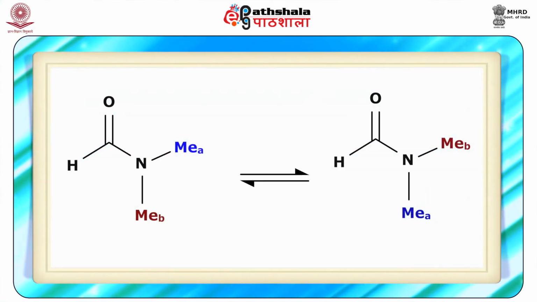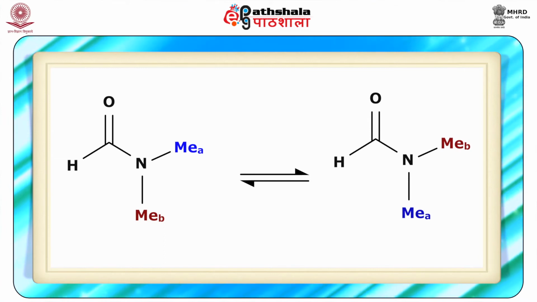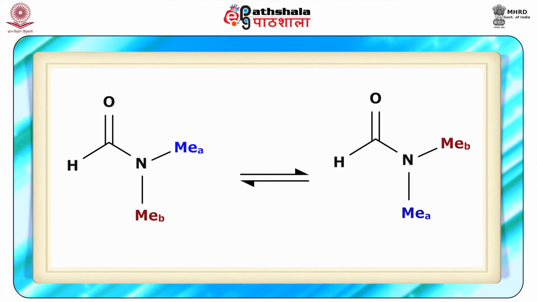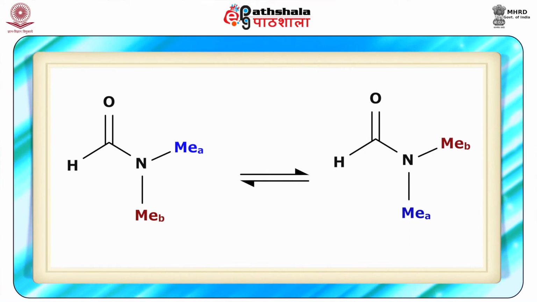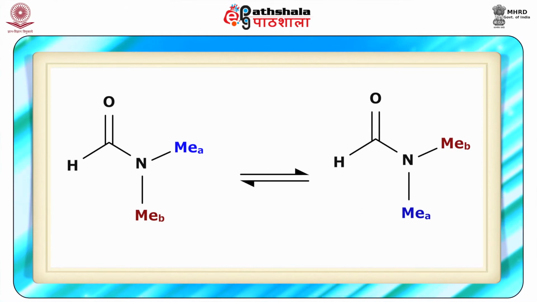Another classic example of a fluxional molecule is dimethylformamide. The two methyl groups in dimethylformamide are indistinguishable at higher temperature. However, near room temperature, separate signals are seen for the non-equivalent methyl groups in high resolution NMR.